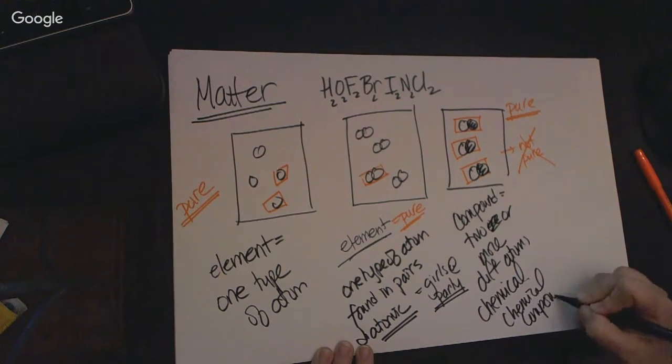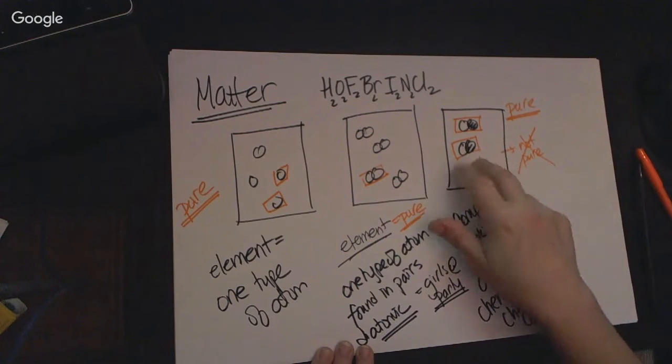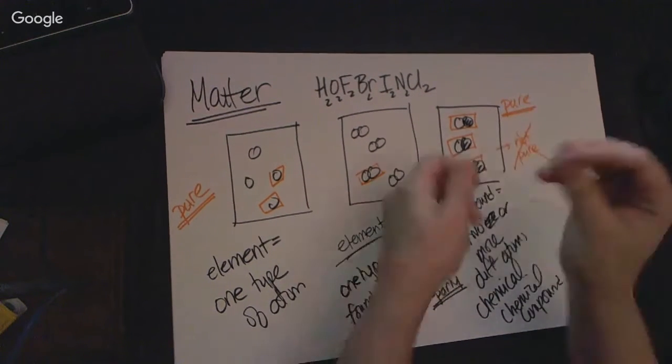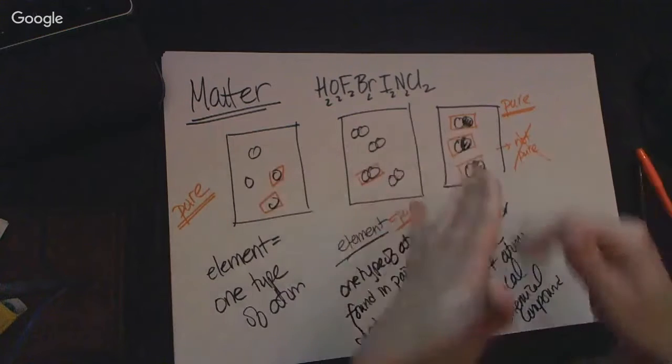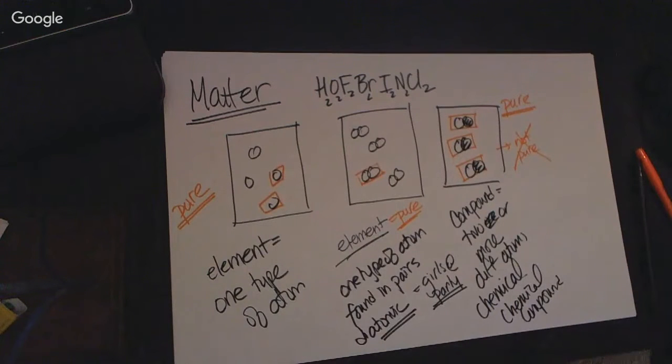If I would like to get white away from black, I have to pull it out and then I have to break it chemically because they are bonded together. This is a compound. It is still pure because there's only one type of particle in that container.